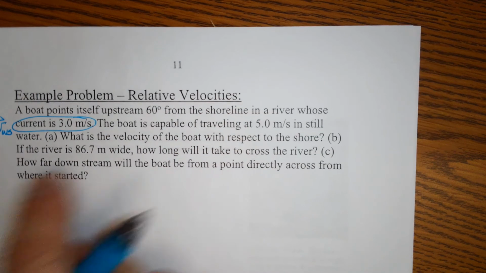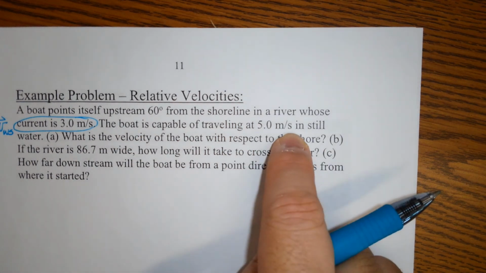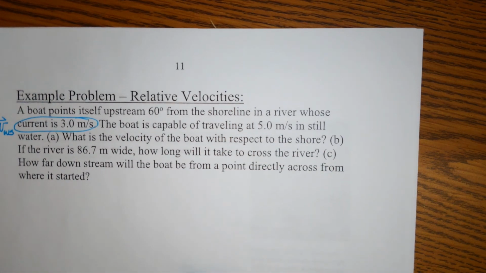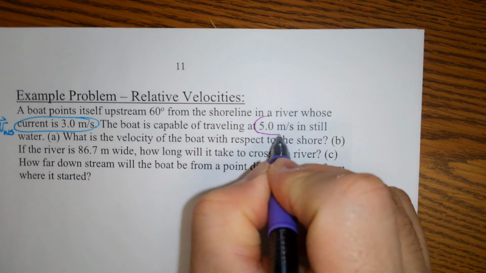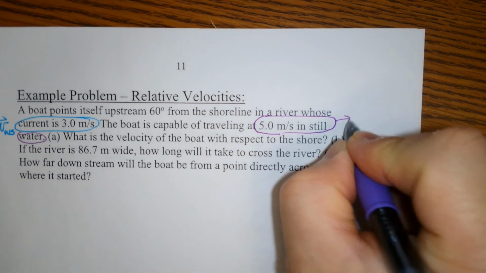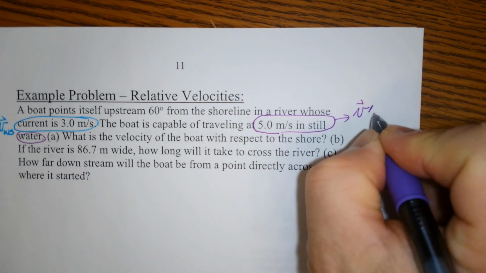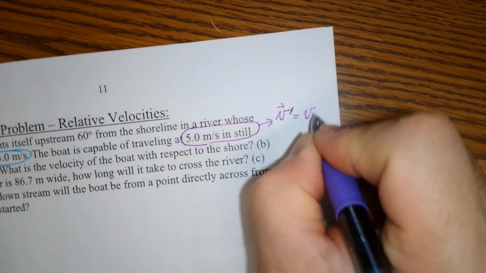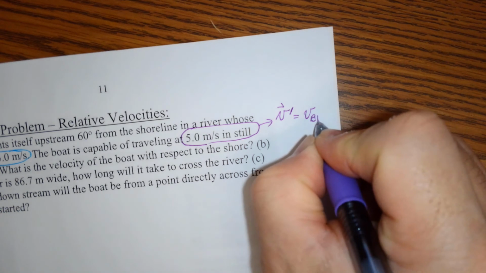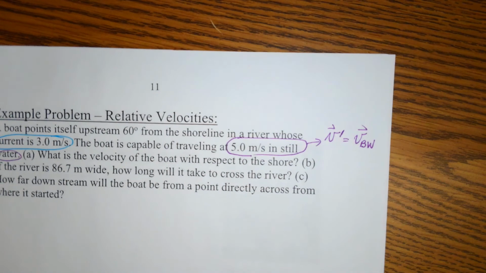Okay? The boat is capable of traveling at 5 meters per second in still water. So this here represents the velocity prime, or simply velocity of boat with respect to water. So you've got to know how to identify these things.